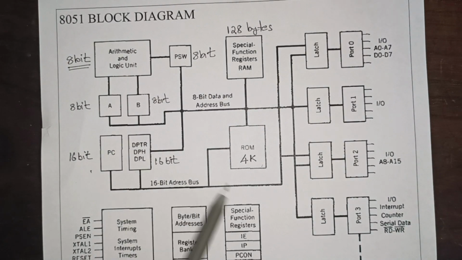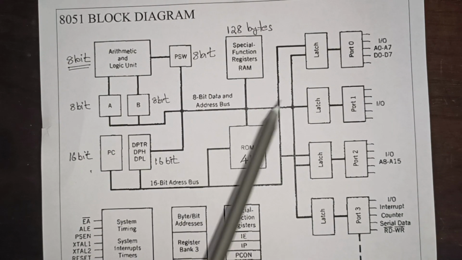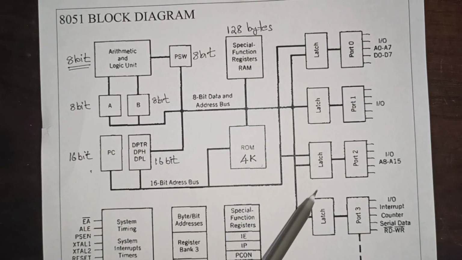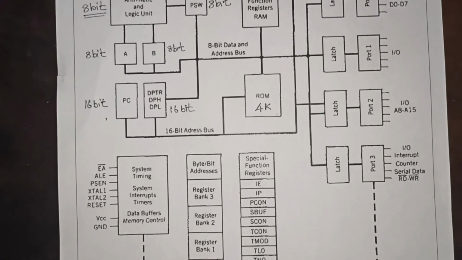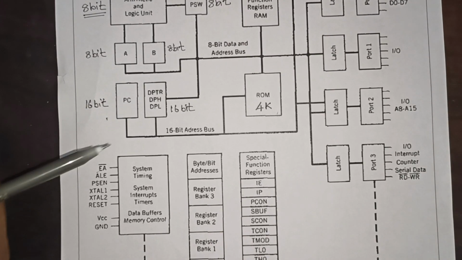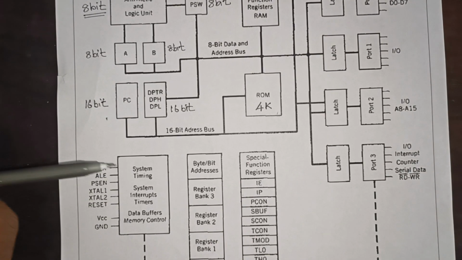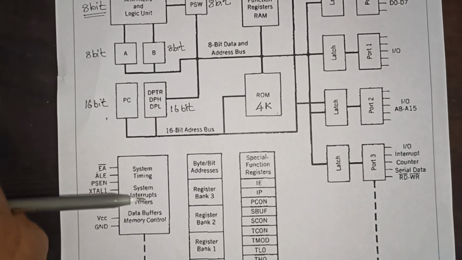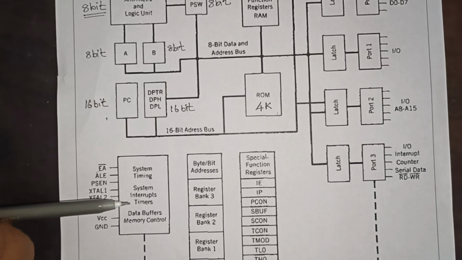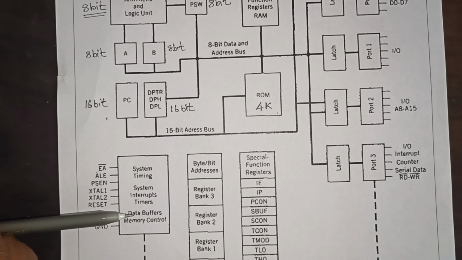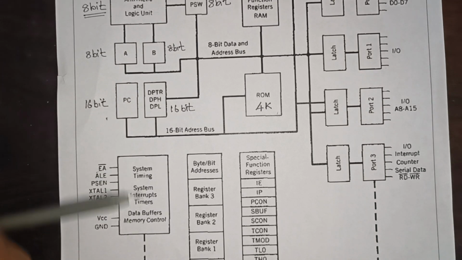And the data bus is connected to each and every port, because data can flow through every port. And here we have the control circuitry. The control circuitry includes system timing, system interrupt, timers, data buffers, memory control, and that kind of stuff. So this is the control block.